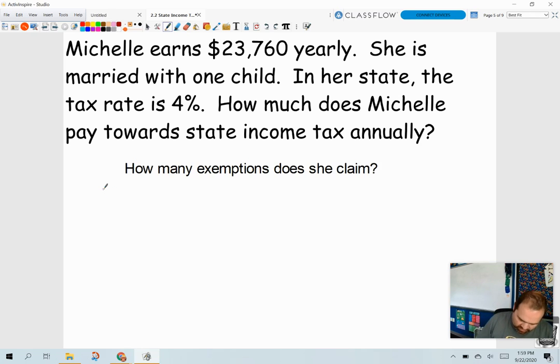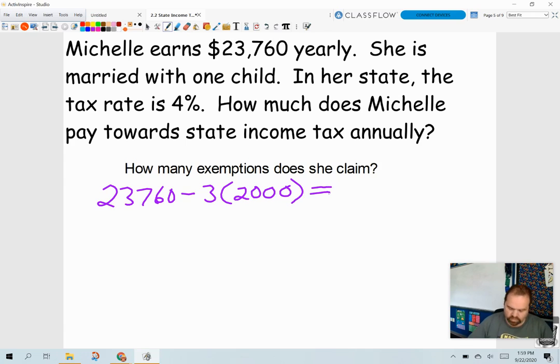So her salary, $23,760, is going to get reduced by a total of $6,000. So $23,760, reduce that by $6,000. That's going to put her down at $17,760. Now, again, they're not actually taking this money away from her. They're just taking it down so they can calculate her taxes.